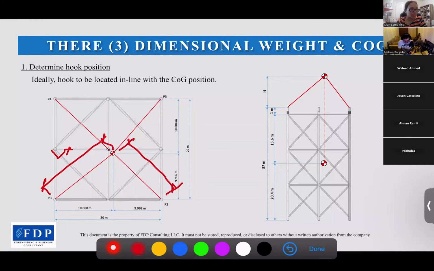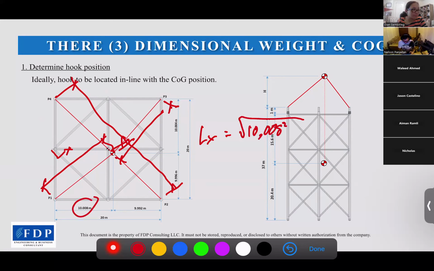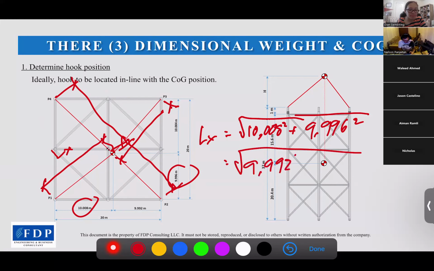It will be the square root of 10.008 squared plus 9.996 squared, like that. And that's for rigging 1. How about rigging 2? It is the square root of plus 9.996 squared.